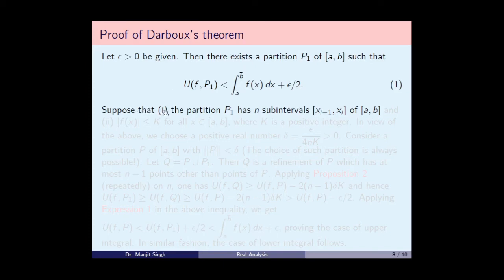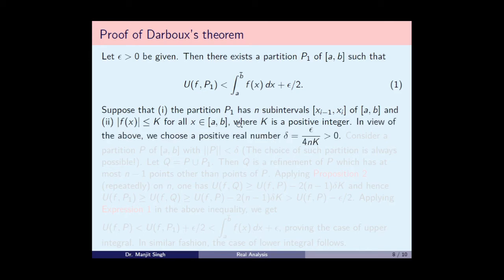Now we assume two things. P1 is a partition of [a,b], so it will contain some points. We say it has n plus 1 points, so P1 has n subintervals [x_{i-1}, x_i] of [a,b], and as the function is bounded, we can also assume a positive real number K satisfying this condition, as we have discussed earlier.